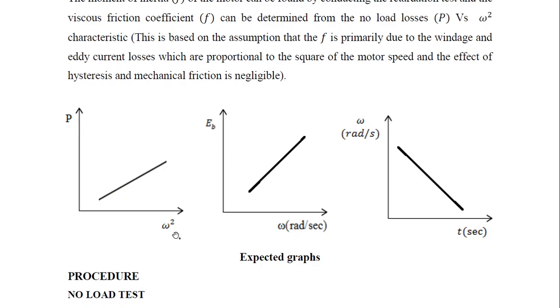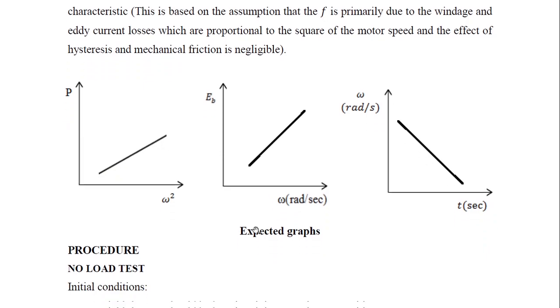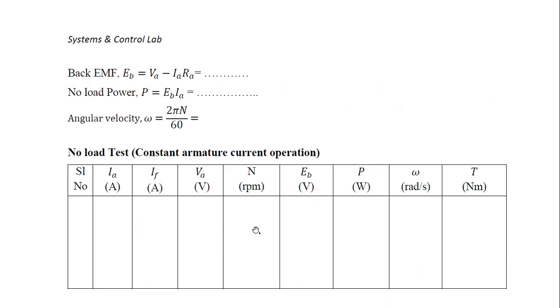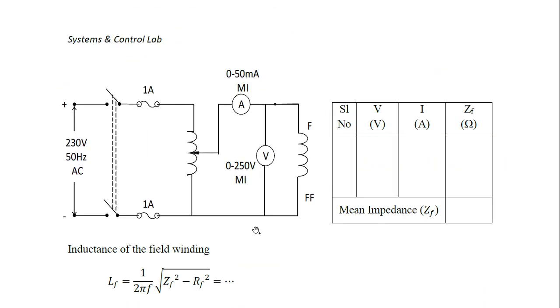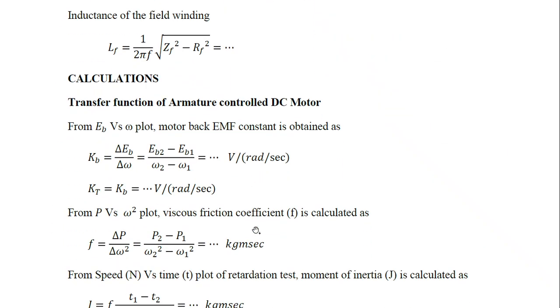You will get a straight line, a linear relation between P and omega square. Then EB and omega. So these two graphs you have to draw, and the slope of the P versus omega square graph will give the coefficient of viscous friction.